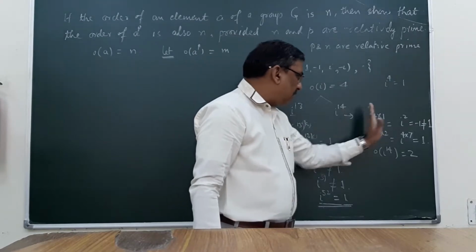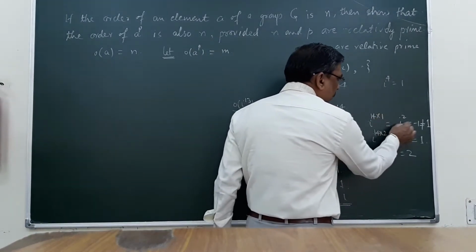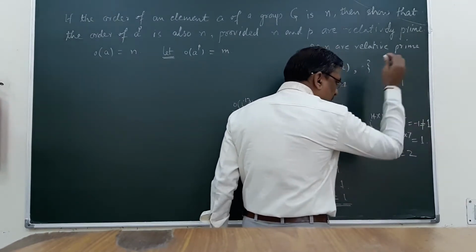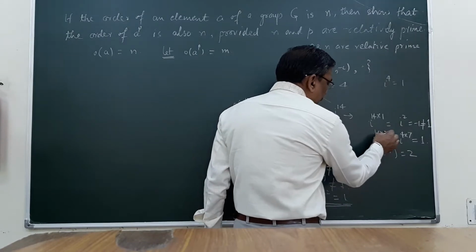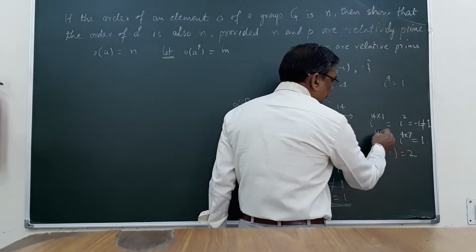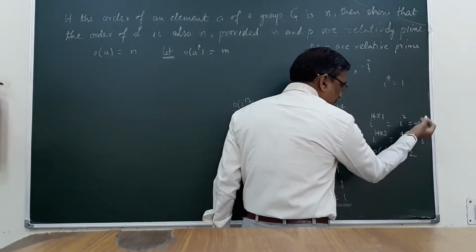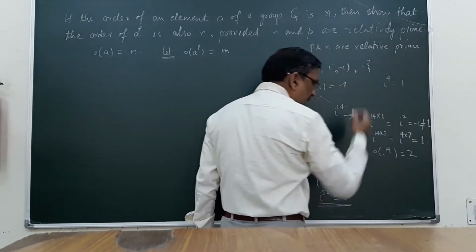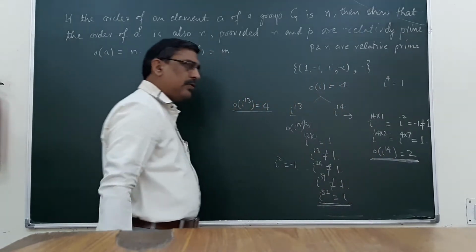And here we can see that iota raised to the power 14 into 1, which is iota squared, is equal to minus 1, not equal to 1. Iota raised to the power 14 into 2, I can write this as 28, 7 into 4, is equal to 1. Means order of iota raised to the power 14 is equal to 2.